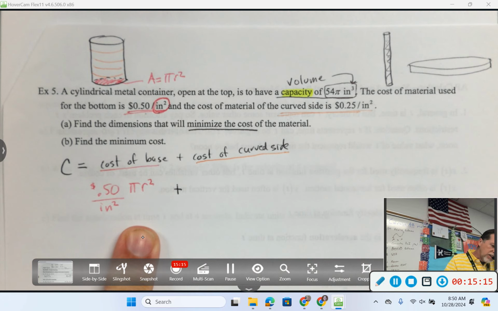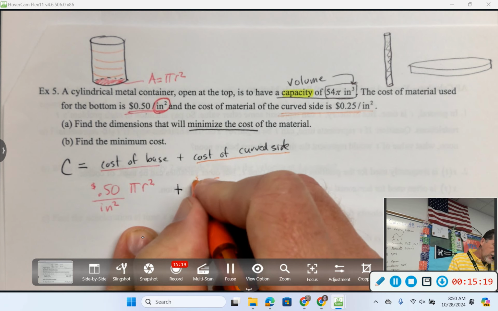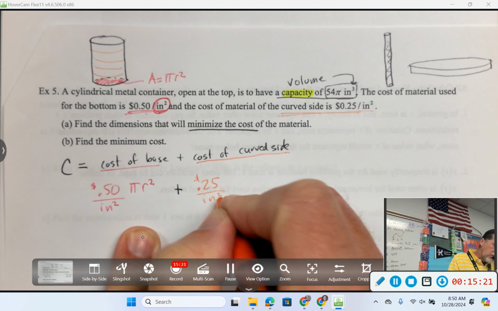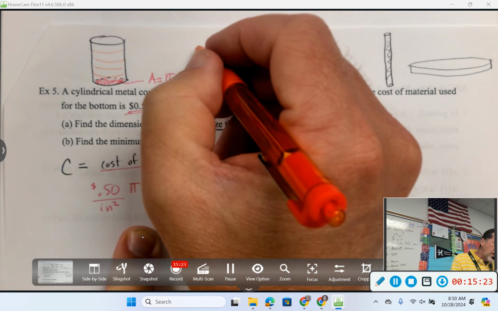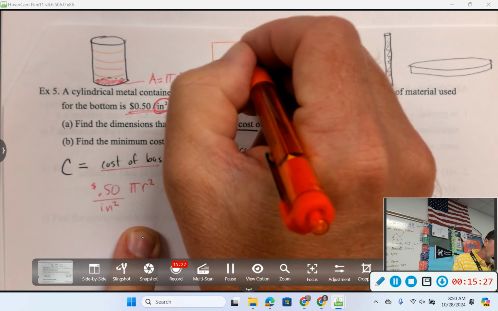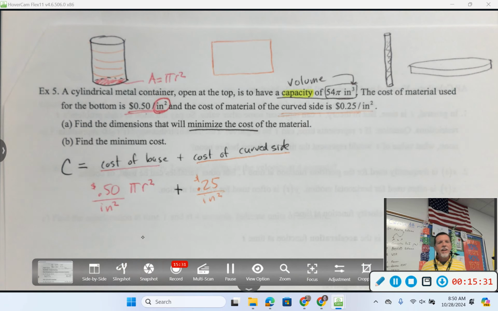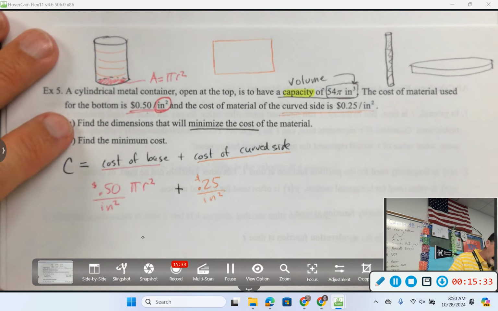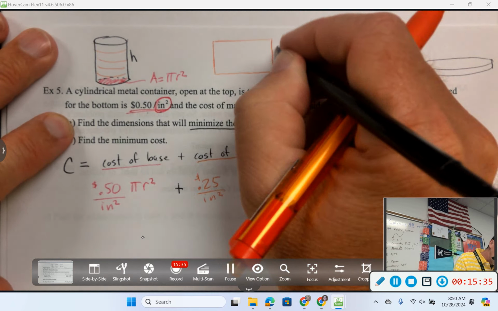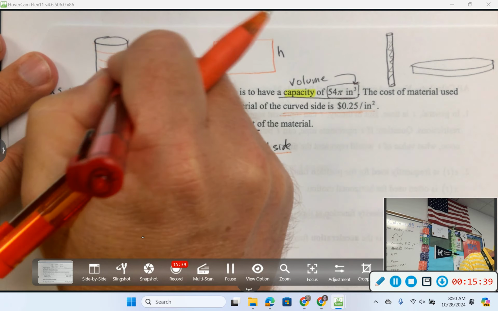The cost of the curved side is only 25 cents per square inch. What's the area of the curved side going to be? Thinking about unfurling it here, we need a height, and we have a radius.